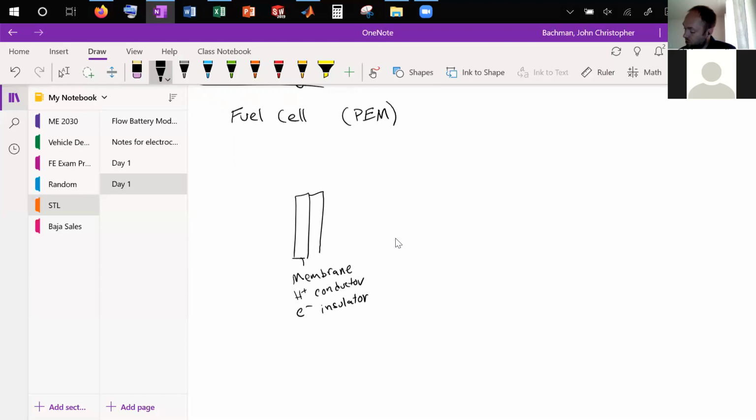Then you're going to have two similar layers. So these are our catalyst layers. So catalyst plus gas diffusion layer. And then you're going to have your channels. So I have this.